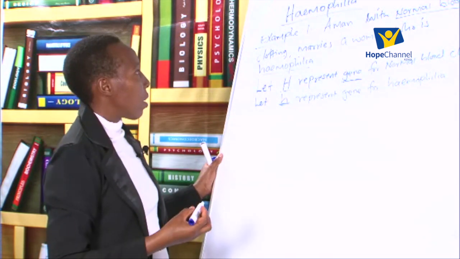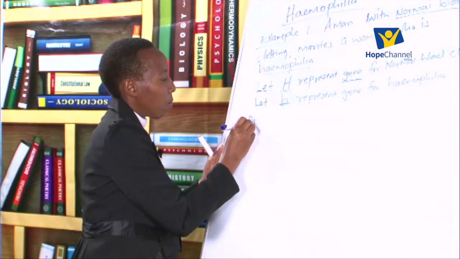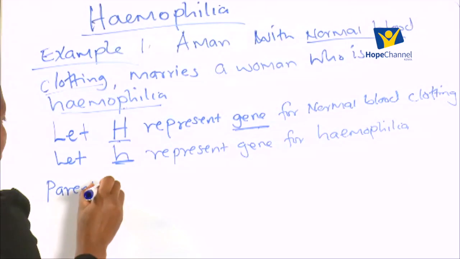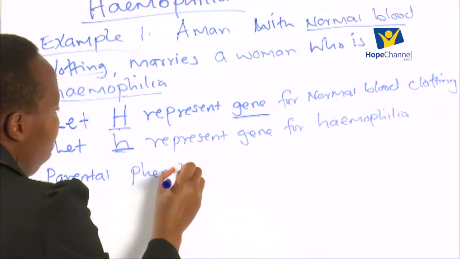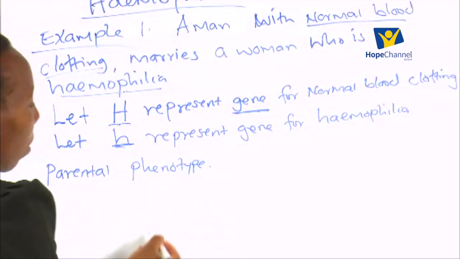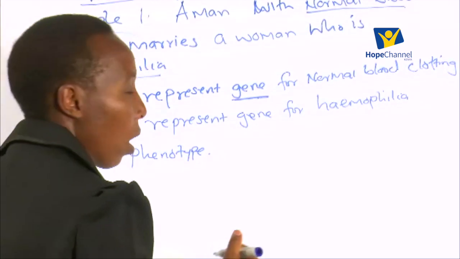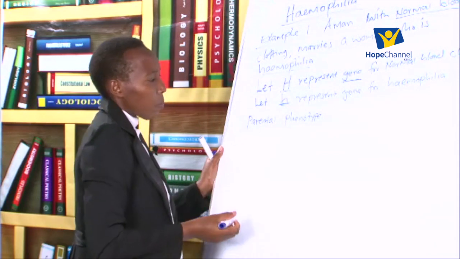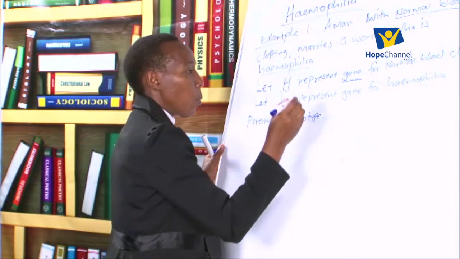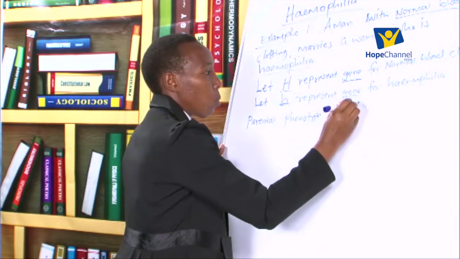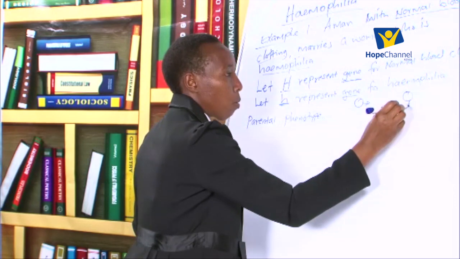So we do now the genetic cross. What do we start with? We say parental phenotype. Remember, phenotype is the physical appearance of the organism. Because we are dealing with a human being, it is good we show if it is a man or a woman.